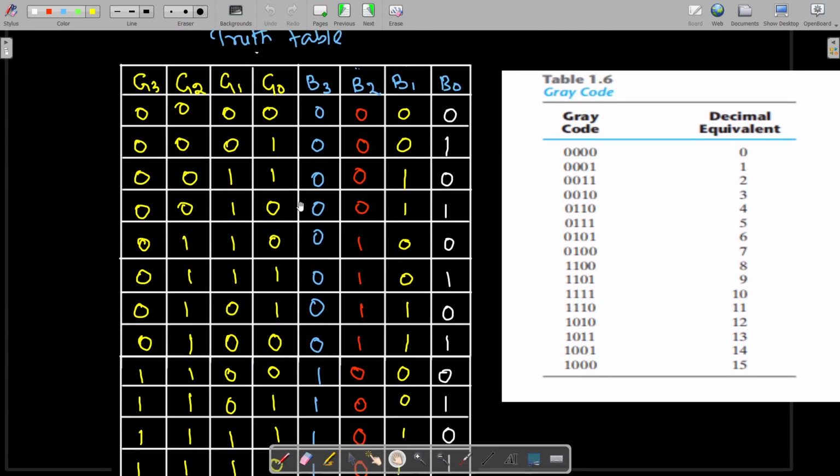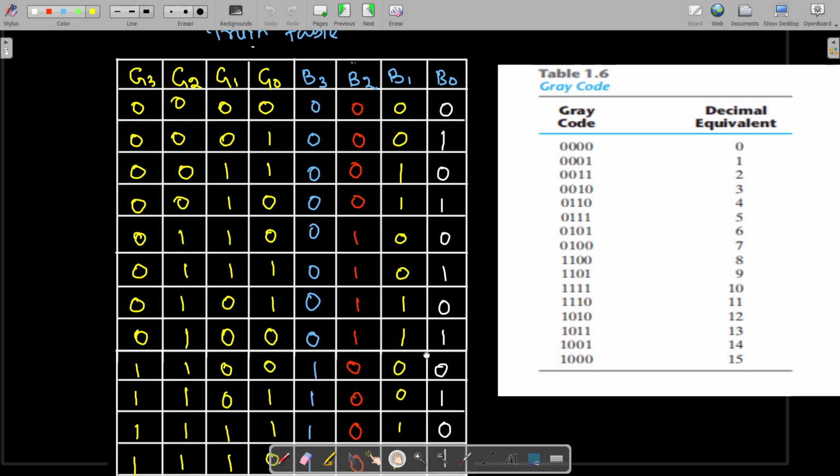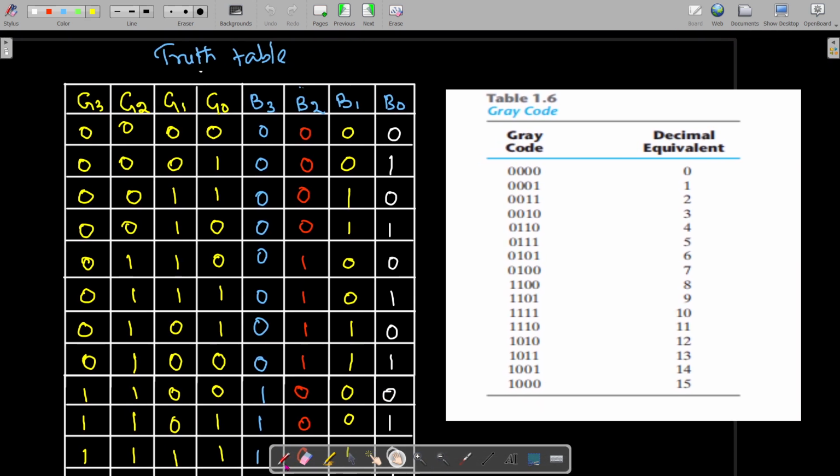Okay, now we'll proceed. In that way we have placed all these binary values corresponding to this gray code. The gray code value is written from this table and the binary value is written using the shortcut method. So we have completed this. You should know that this gray code is your input value and this binary represents your outputs. How many outputs do you have? We have 4 outputs.